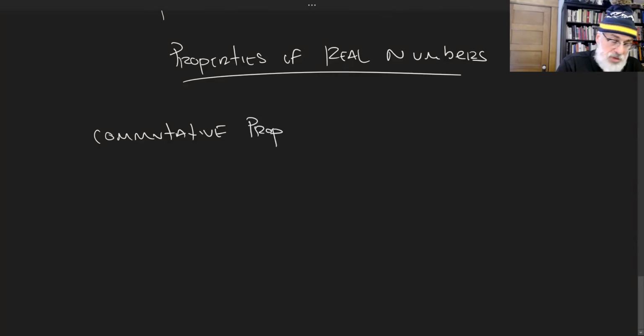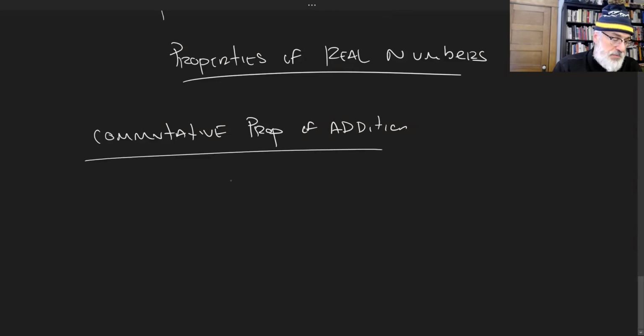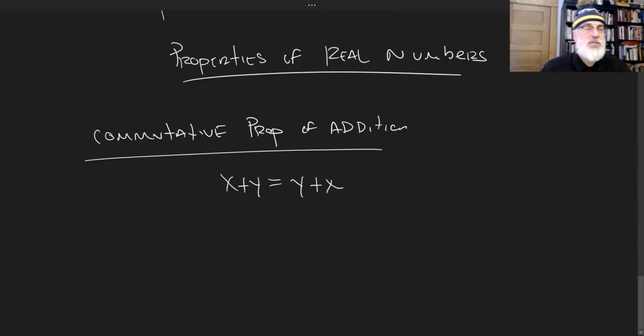We'll call this the commutative property of addition. So this is something that the real numbers have. And what we mean by that is that I can add, I'm using variables here, in any order. x plus y is the same as y plus x.